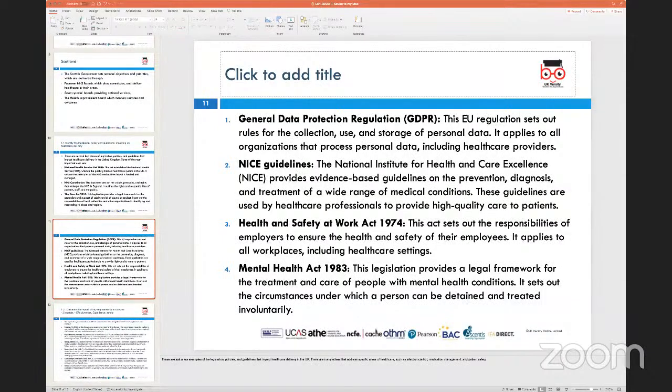These are very important bodies, and their opinions and contributions play a very important part in the creation of various legislation and acts as far as the National Health Service or the healthcare services in England and the UK are concerned. Is that okay? Any questions on this?